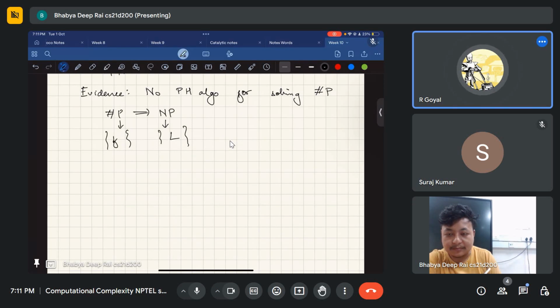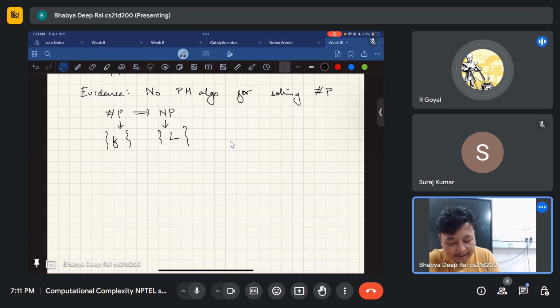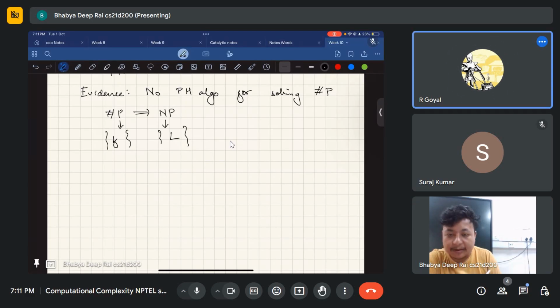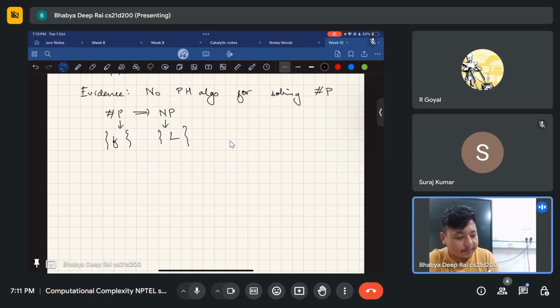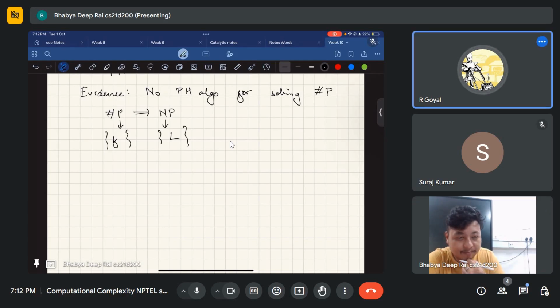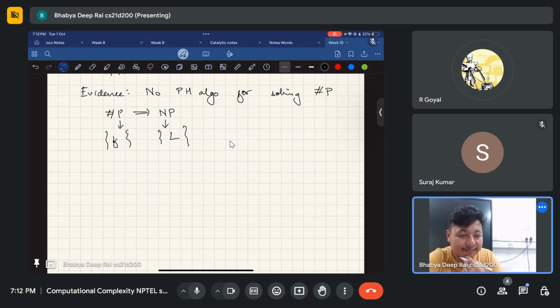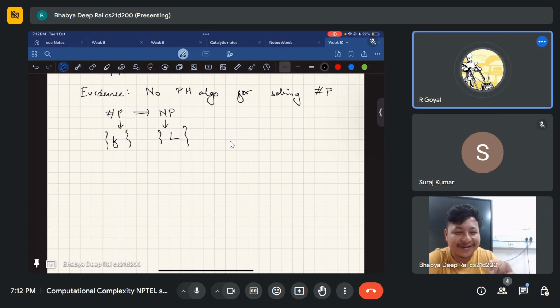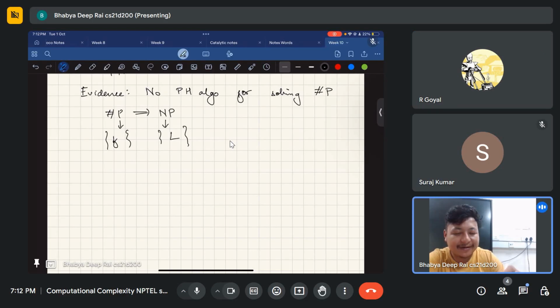Why functions? Because, for example, permanent. Permanent is not a language. In a strange way you can think of it as a language, but permanent is simply a function.